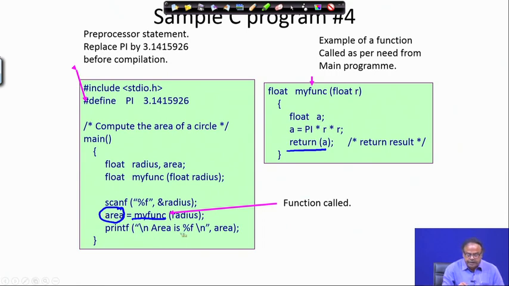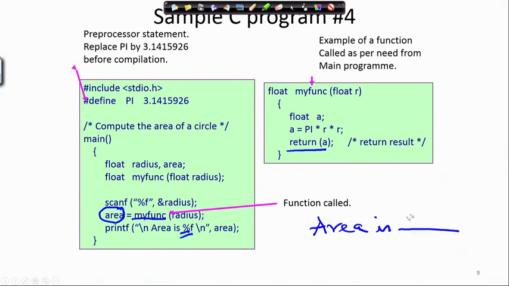And then printf: what will be printed? Area is, and this one will take some floating point number, maybe 255.72, whatever it is, and this value of area will fill up this place. So, this is another example of a C program. Through these examples, what we tried to do is introduce you to some of the very common names, words and features of the C programming language.